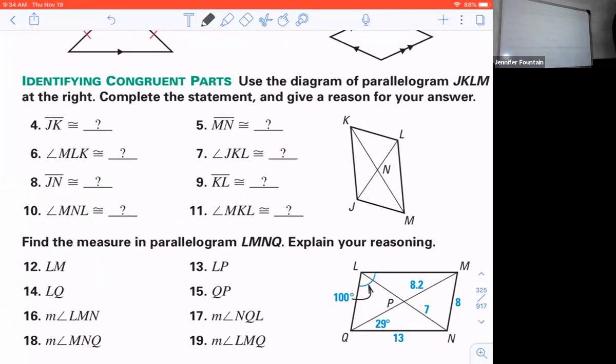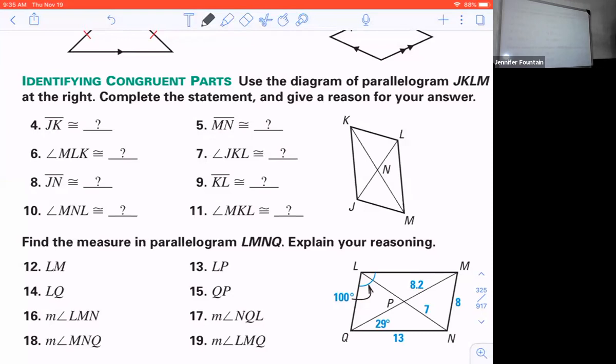KN is congruent to MN. What about angle MLK? MLK is going to be congruent to KJM. What about angle JKL? LMJ, or JML, either way, good.